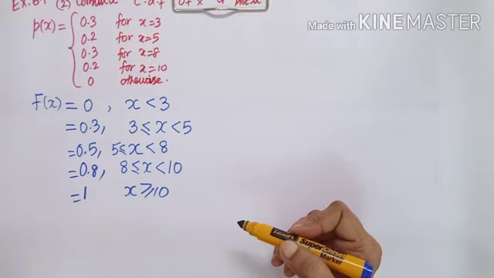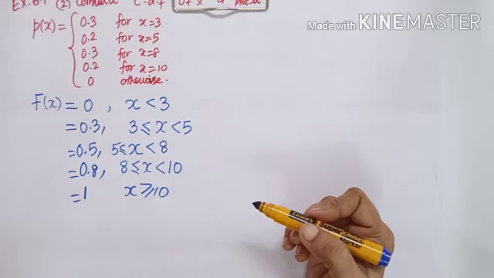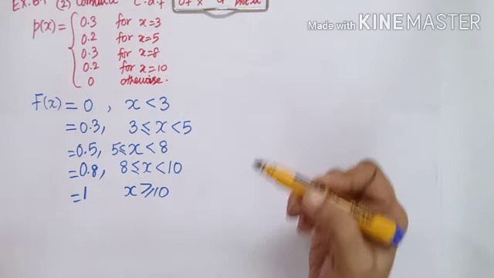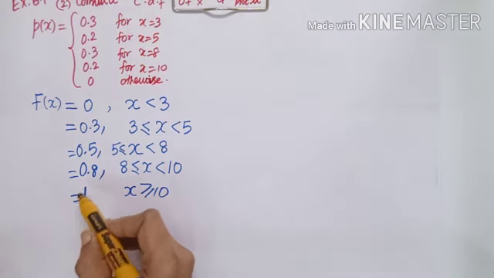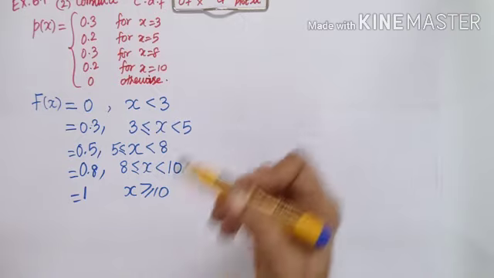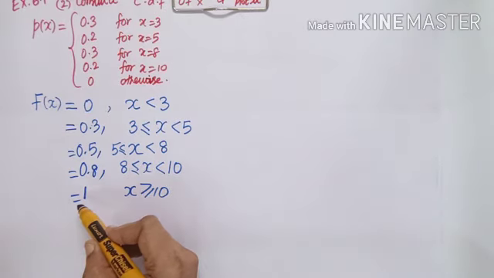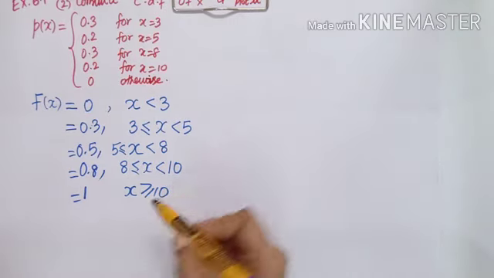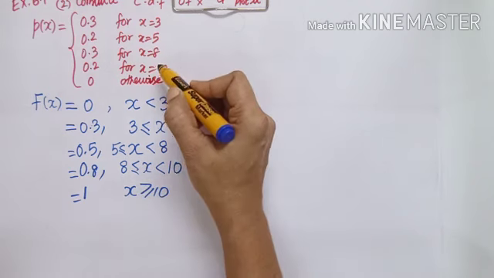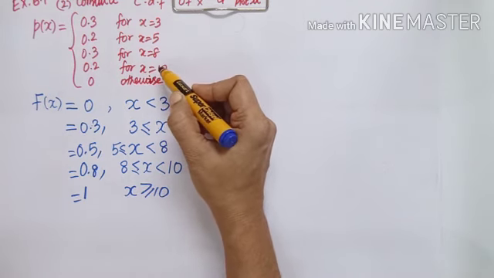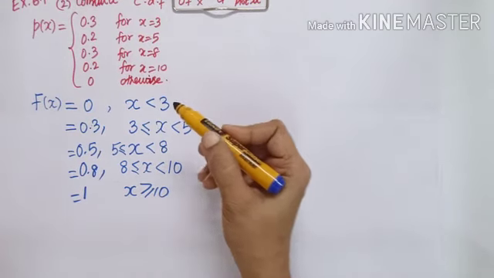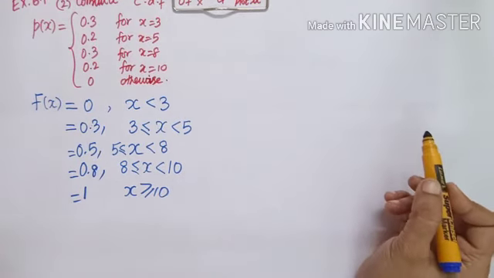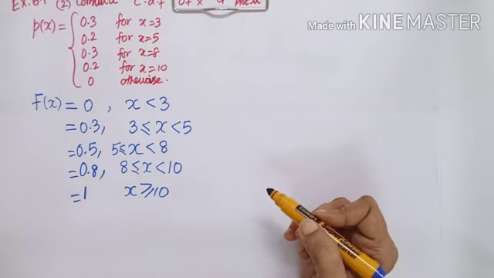Suppose I ask you, how many of you got below 100? The entire class will stand because 100 is the highest mark. So for the entire class we say 1. If I say below 101, all will stand. If I say below 102, that is the idea. Highest value 10 implies above 10, if I ask you 11, 12, 13, anything, my answer is 1 only.